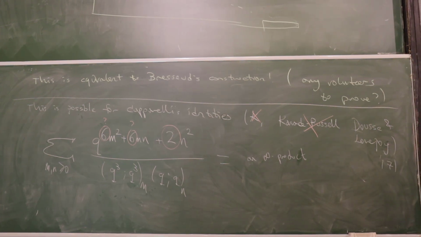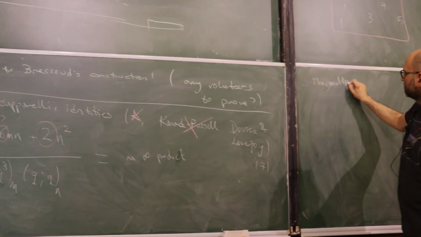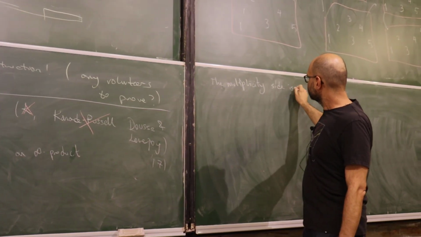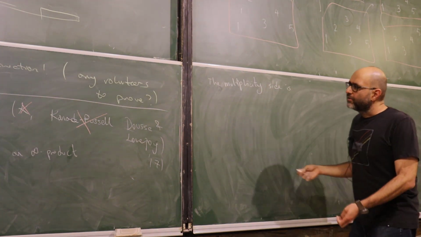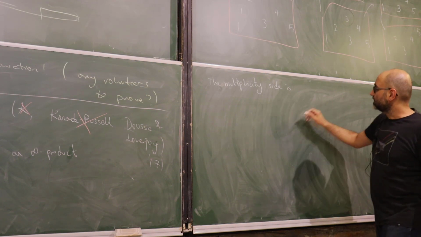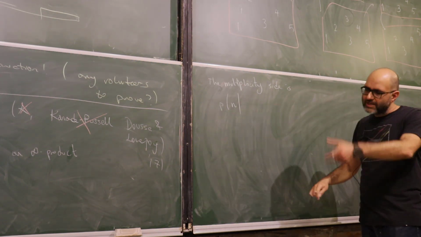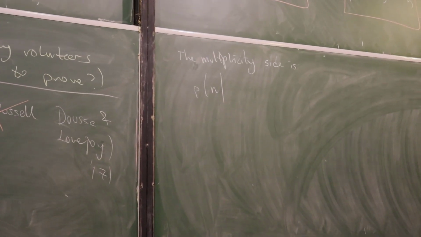If you remember the multiplicity side of Capparelli's identities, the multiplicity side was, given a partition lambda, I'll write it in the conventional notation, number of partitions of n, lambda equals lambda 1 plus lambda 2 plus lambda 3, lambda 1 being the largest, and it's non-increasing.